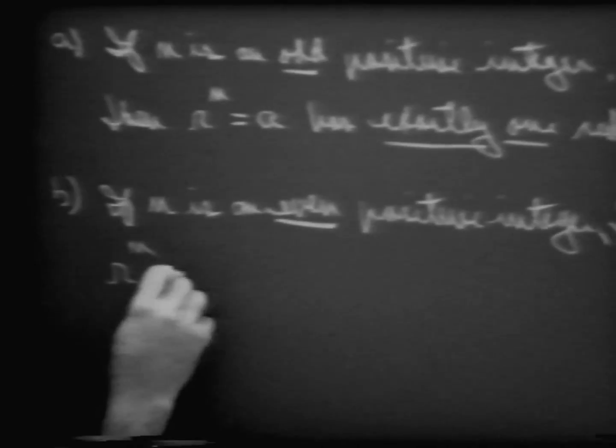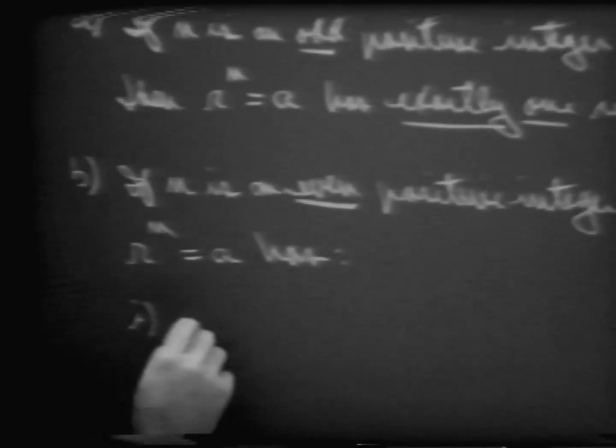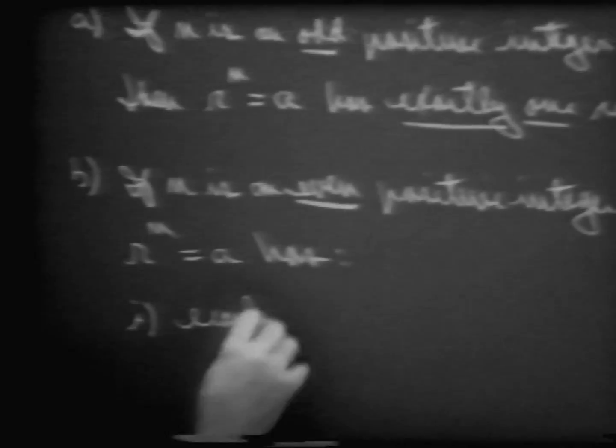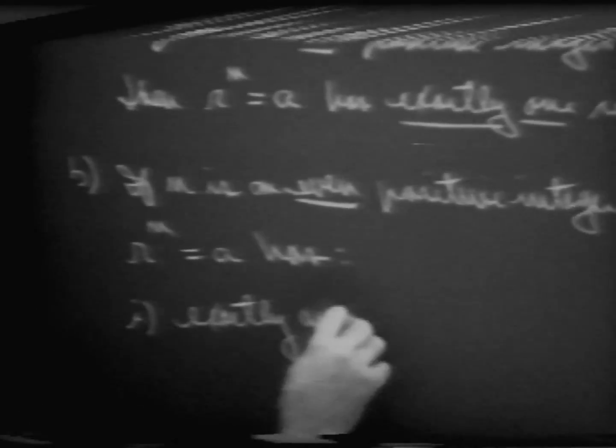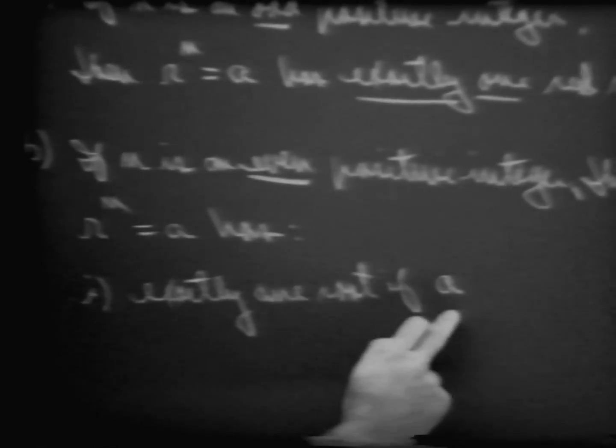Then, let me include it over here, the same equation, r to the nth power is equal to a, has, and in fact here I think we can break this up into a few parts, has, now it will have exactly one, again, exactly one root if, now let's say something about the number a.